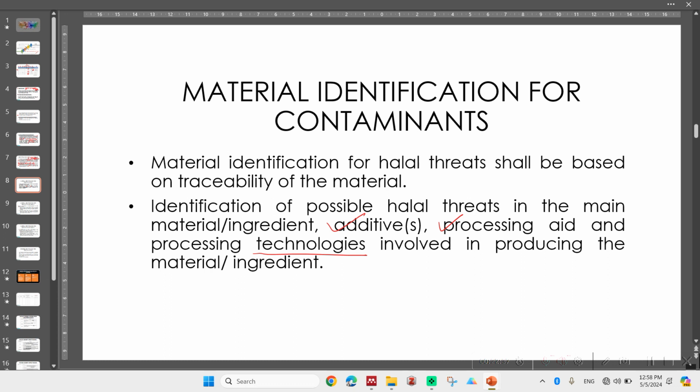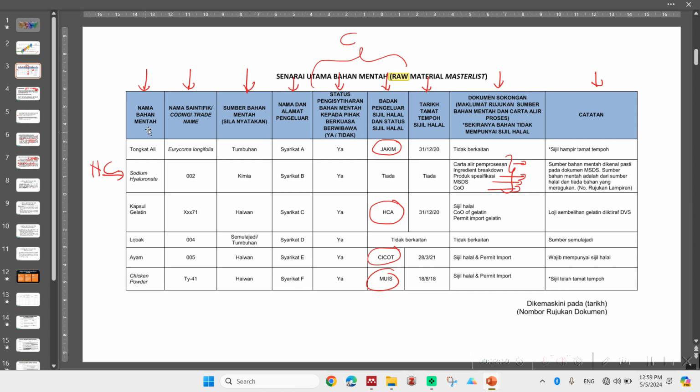These are the processing aids and processing technologies that have direct contact with your product. So that's why you need to declare in this table not only the ingredients but also those supporting aids or processing aids, as well as machinery that gets involved.